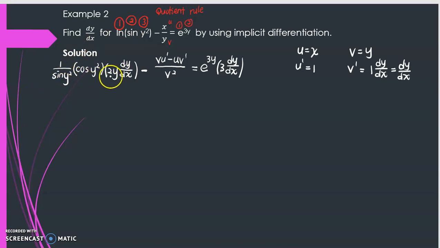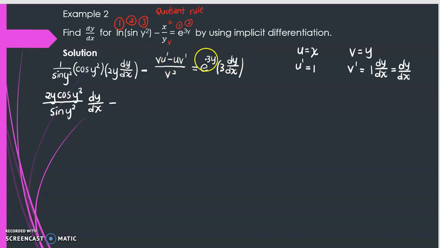So if I try to rearrange this one, this is 2y cos y² over sin y², don't forget the dy/dx, minus, now I try to substitute into the quotient rule.